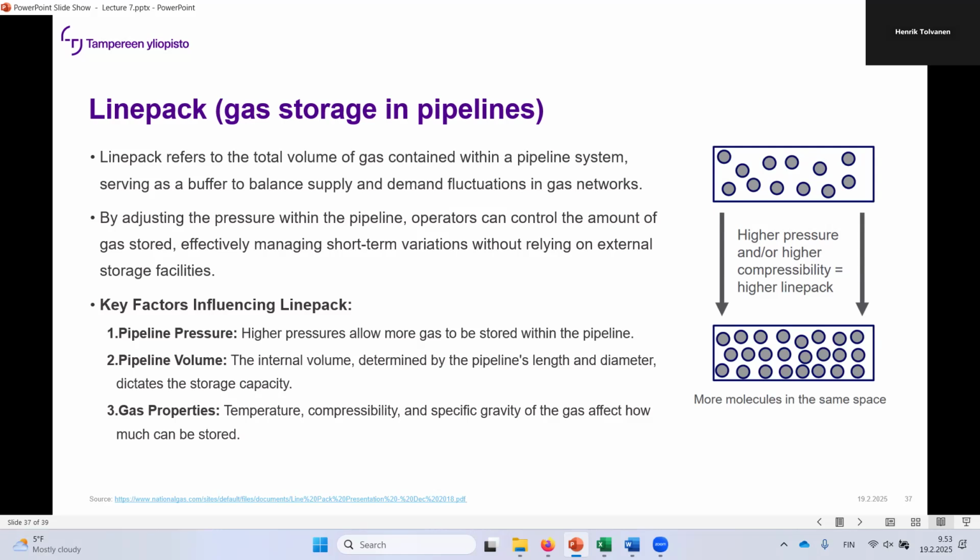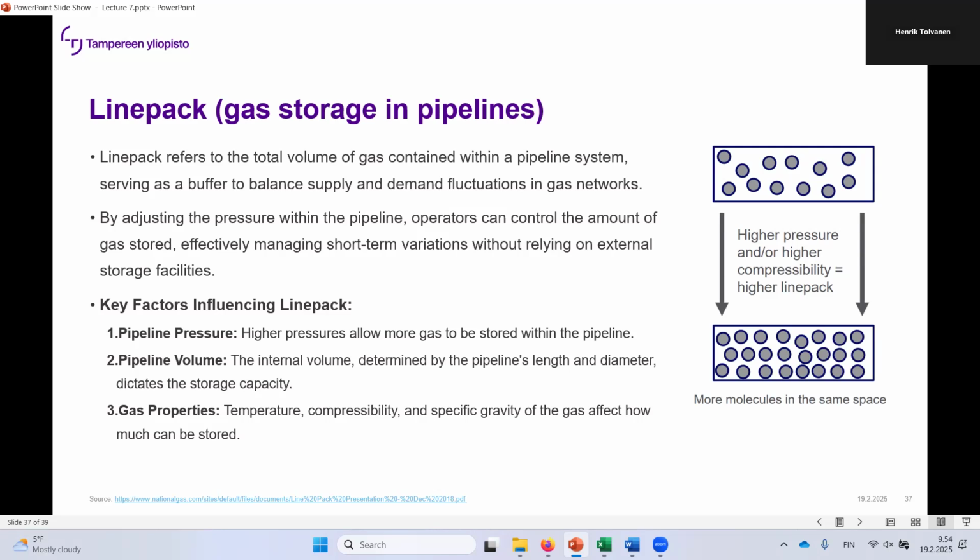Hydrogen and natural gas have very different properties. So how much can you dilute it? Well, that doesn't directly relate to line pack. Line pack is how much gas you have in the pipeline itself.